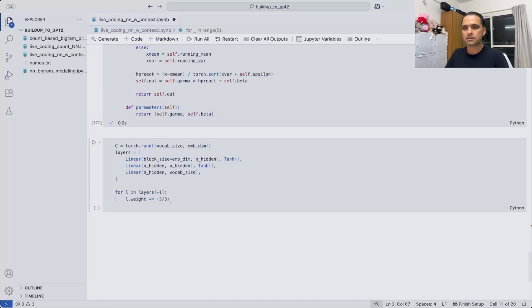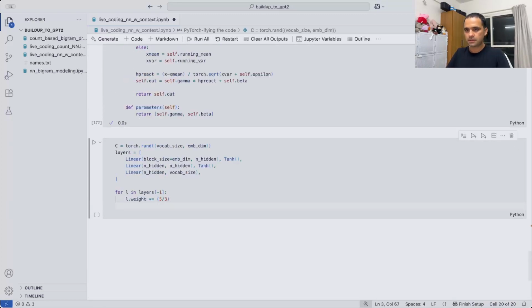just say layers[-1].weight, we multiply it with 0.1, and we can also say layers[-1].bias equals 0.